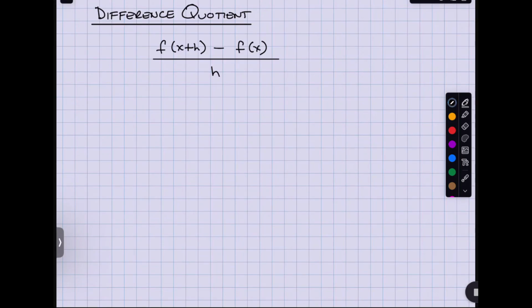Does that make sense? If I was to expand that little tiny distance right there, it's going to look straight. Okay? So that's what a difference quotient is actually doing. It's actually looking at a very, very small distance, h, to see what that slope is. So that's what the difference quotient is.